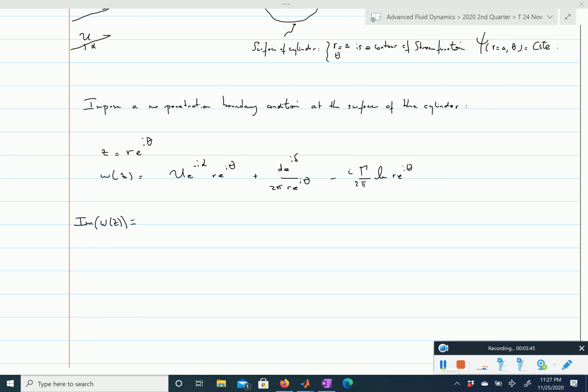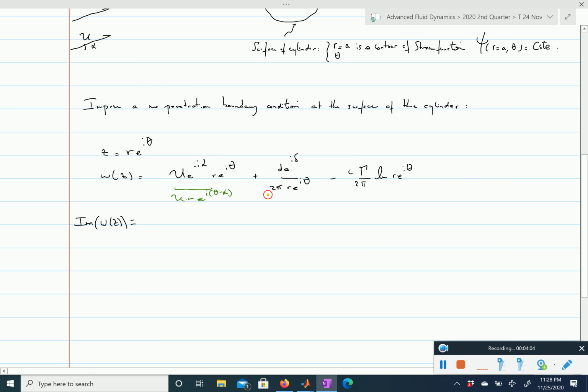Now recall that we can write U exponential minus i alpha times r exponential i theta as U times r exponential i, if I put those two exponentials together, theta minus alpha.